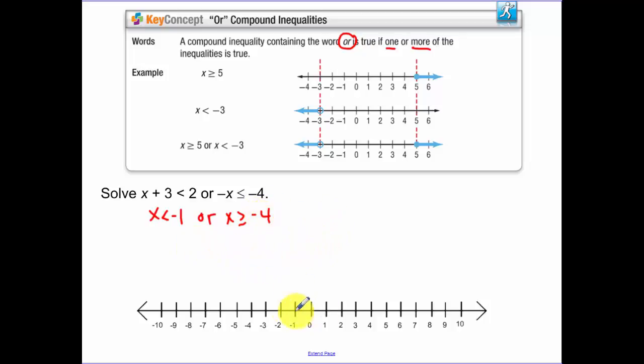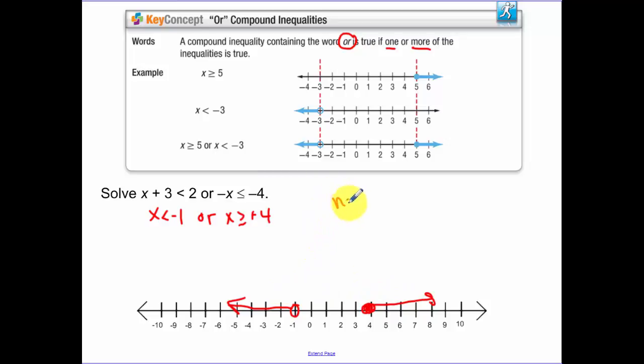So x is less than negative 1. Or, that's actually a positive 4. Or x is greater than or equal to, so it's a filled in hole, positive 4. So either one of those possibilities is true.